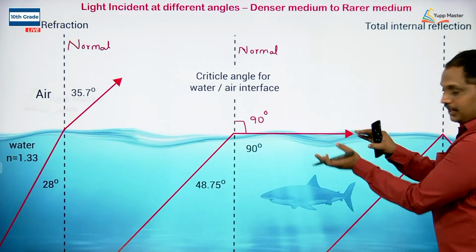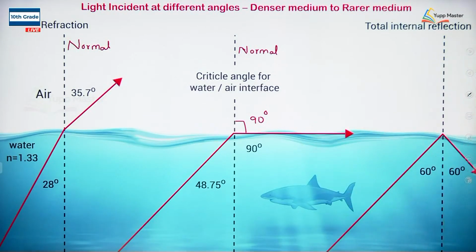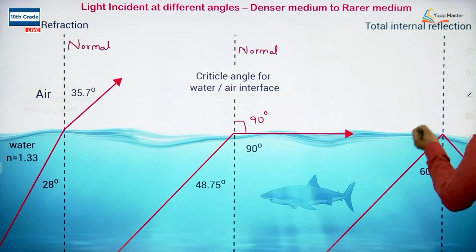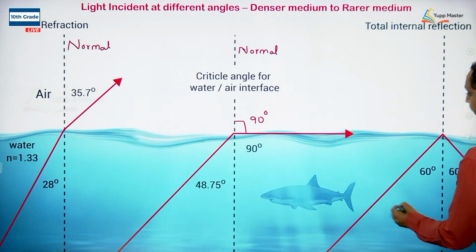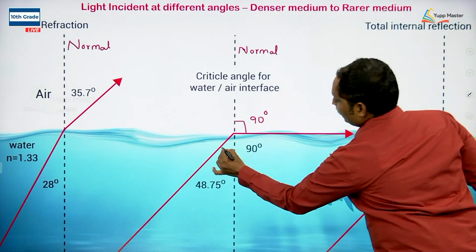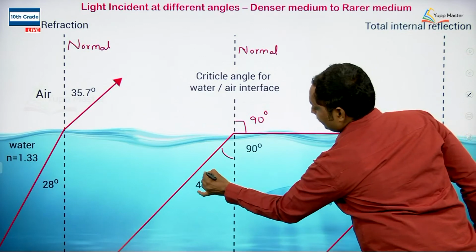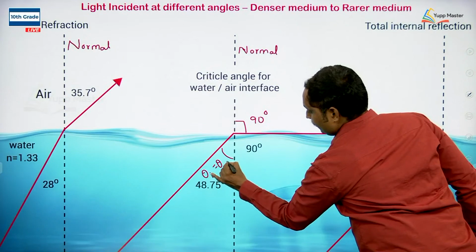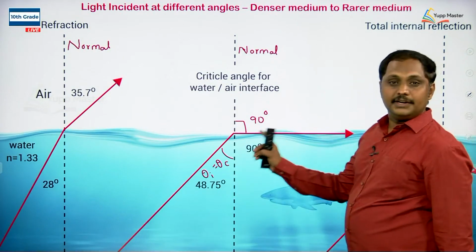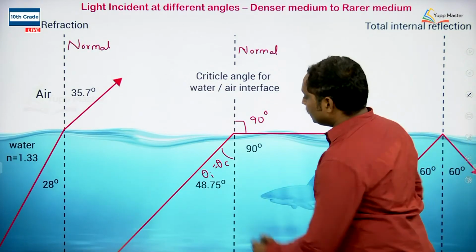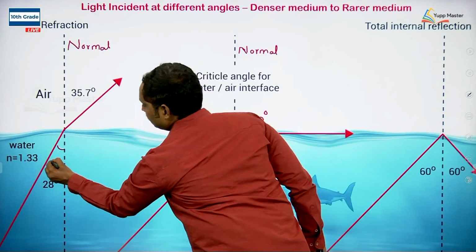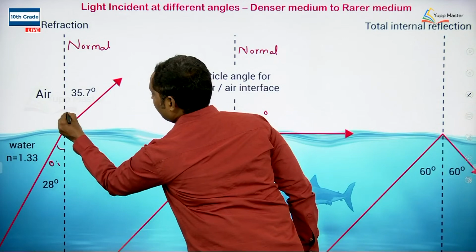Now, let us have another case. Further you are increasing the angle of incidence, and it is totally reflected into the same medium. Here you can confirm that the angle of incidence is equal to the critical angle.